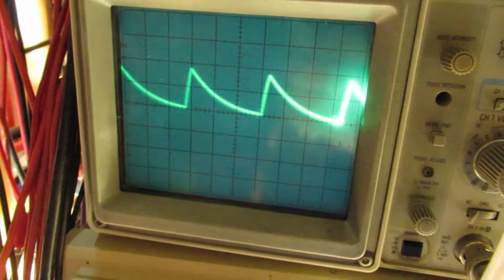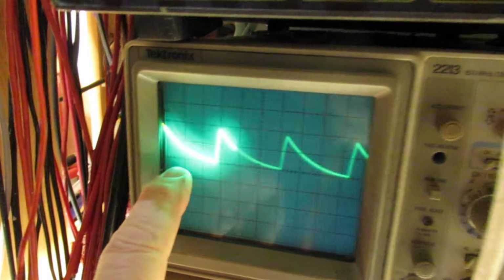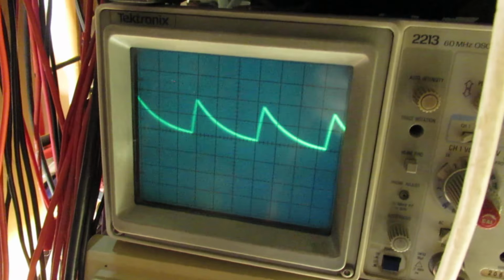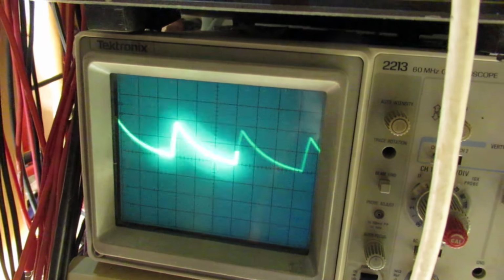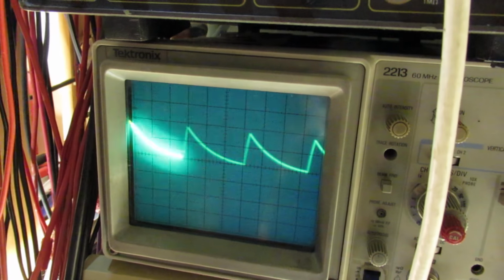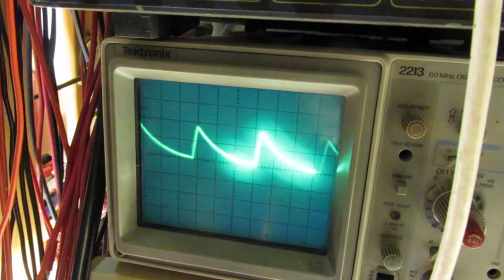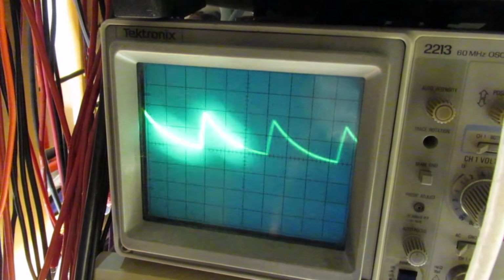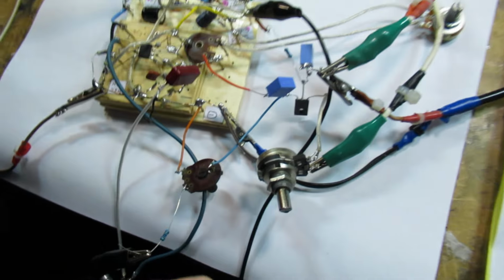This is the waveform. Of course, the linearity here is not perfect. I tested all kinds of circuits, but this 555 chip finally worked at its best.